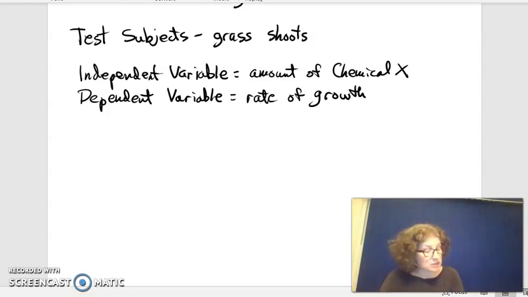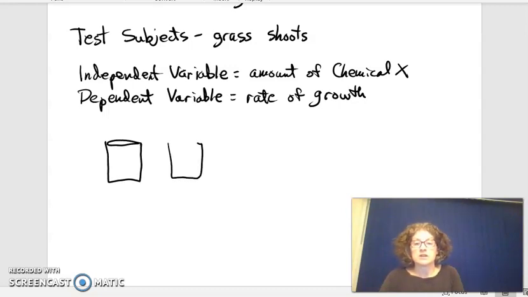So then you would want to set your experiment up. Let's assume that you have a nice big lab and you have the possibility of doing lots of things here, but you would need some pots. And let's just set up a simple example here. I'm trying to make all the pots the same size.